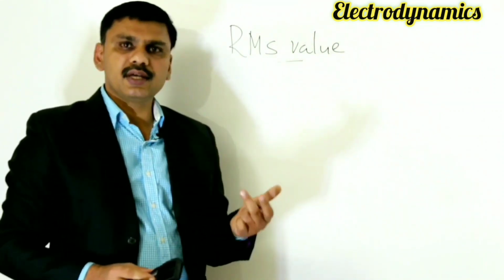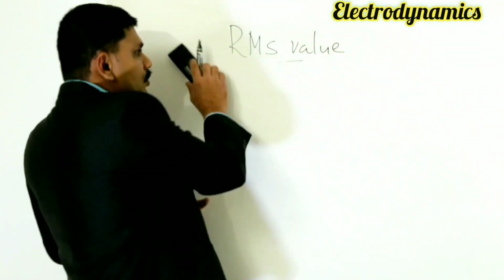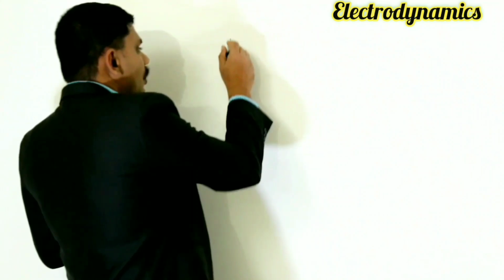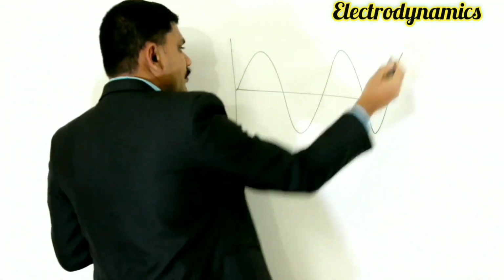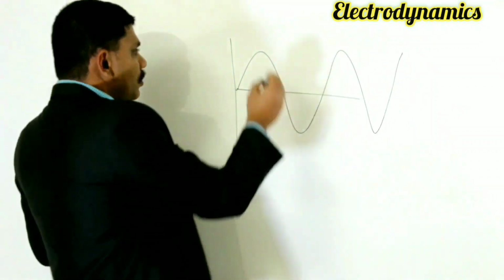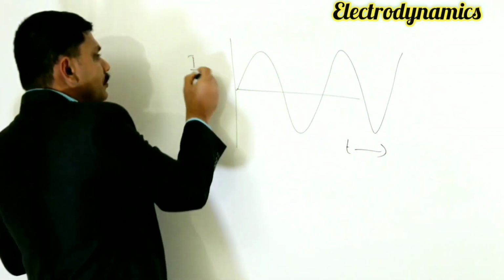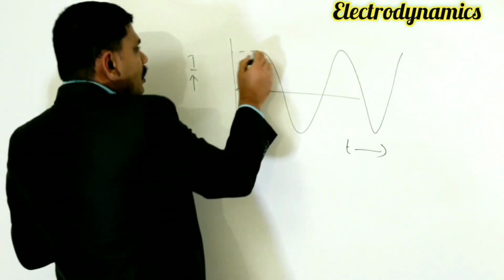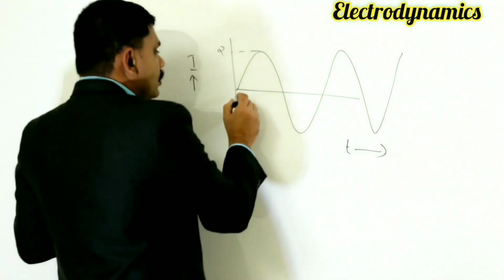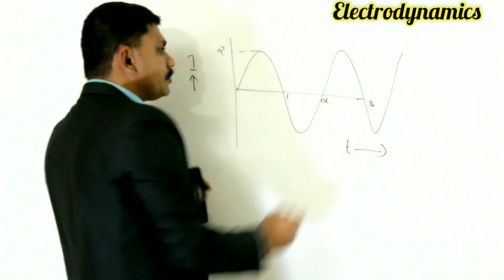So how will you measure the value? Suppose we have an alternating current like this. This is time, and here I am taking current. This is the alternating current. For example, this is 2, and there are 0, 1, 2, 3 on the time axis.